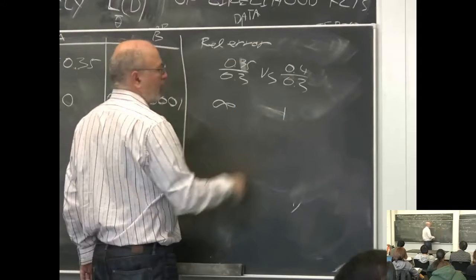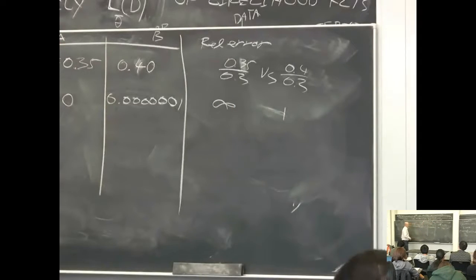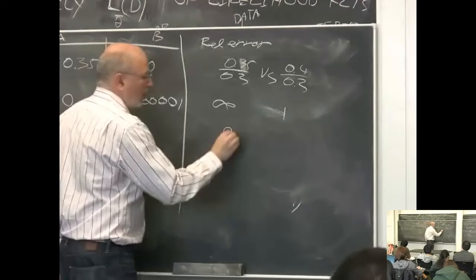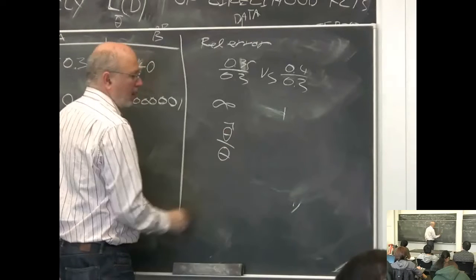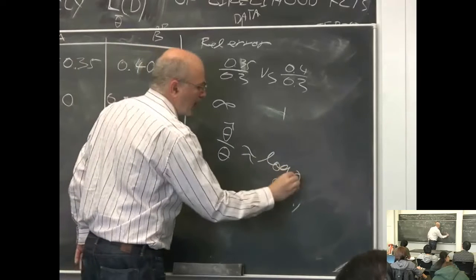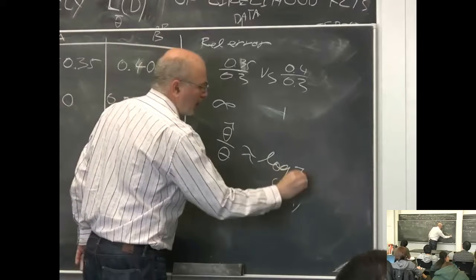This would be 1. Another way of saying the same thing is that what we look at is the log domain. Looking at a ratio of theta hat to theta is the same as looking at the difference between the log of theta hat and the log of theta.